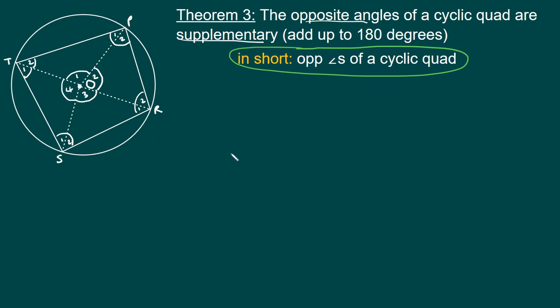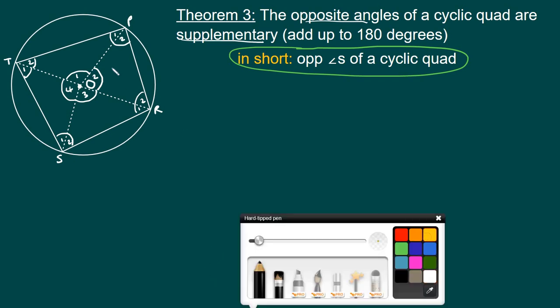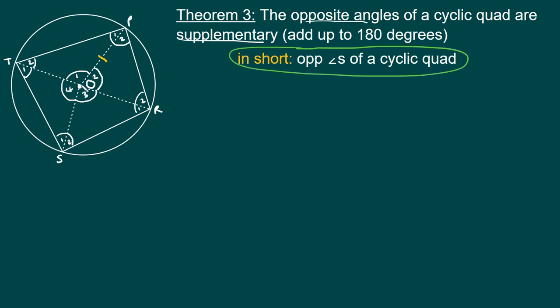Right, after doing that, good people, let's remember that OP is actually a radius because it's a line from the center to the circumference. So OP, OR, OS and OT are going to be equal. Because the sides of those triangles are equal, they are isosceles triangles.